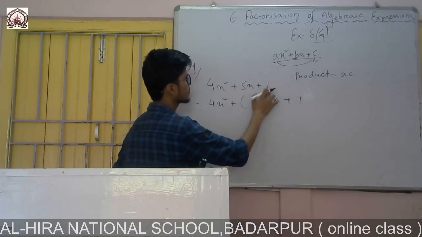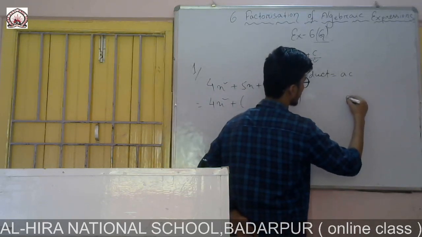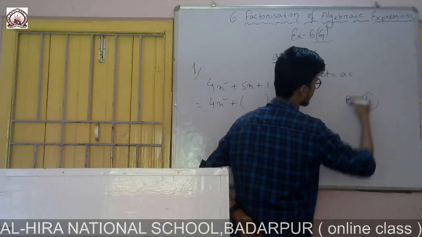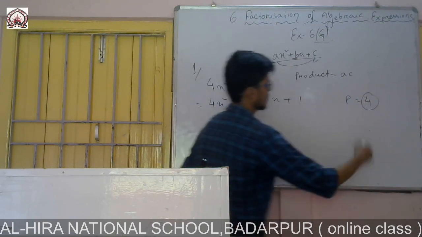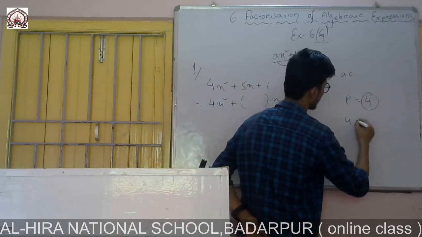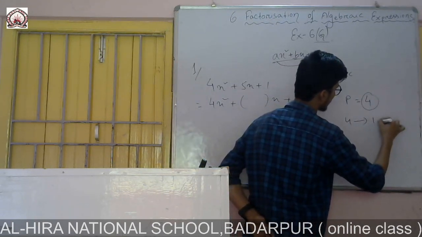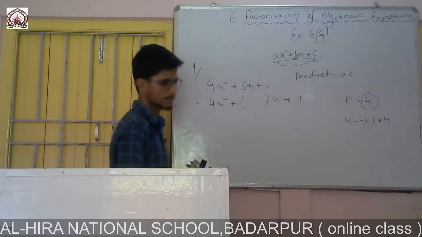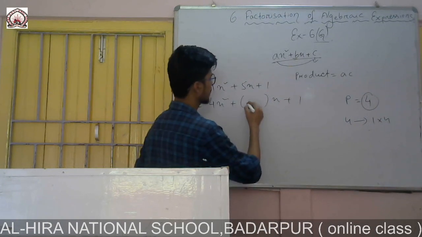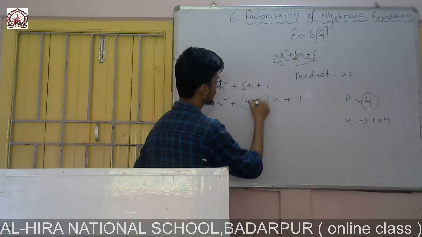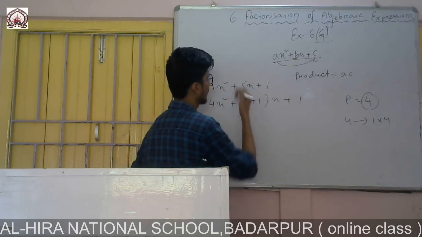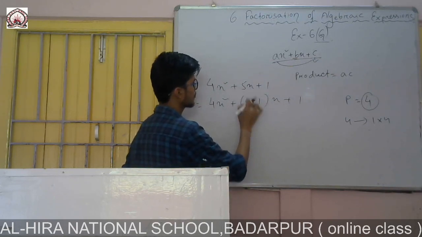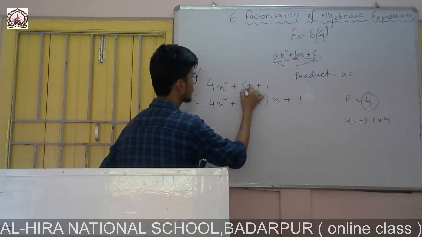Product of a and c is 4. If I take the factors of 4, I can write it as 1 into 4, and 4 plus 1. So in place of 5 you can write 4 plus 1. 4 ones are 4, and if I do the sum also, 4 plus 1, it is 5. It is matching with this one.